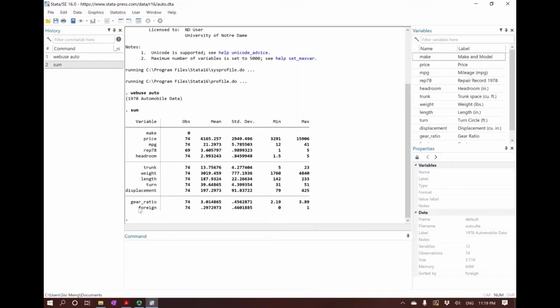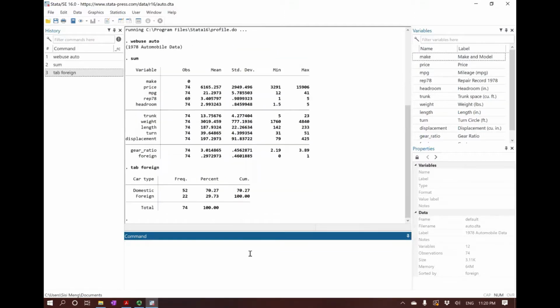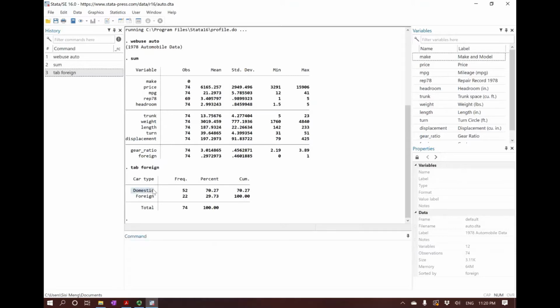Sometimes you may not directly know how a qualitative variable has been encoded into numerical or quantitative data. The way to look at the assigned value for each category is to examine the frequency table. So if you tab foreign, you see the frequency table for qualitative or categorical data. As before, we have two categories, domestic and foreign, with some frequencies here.